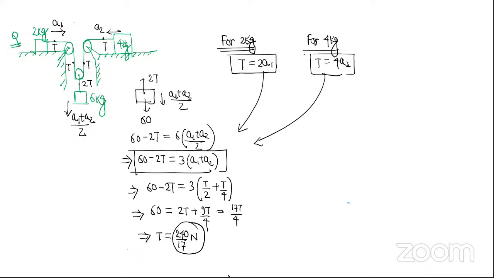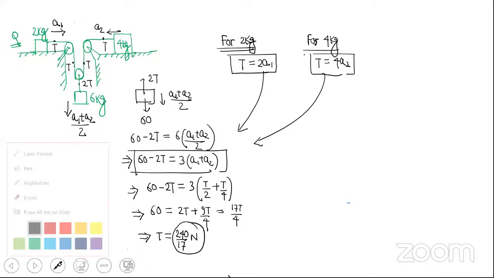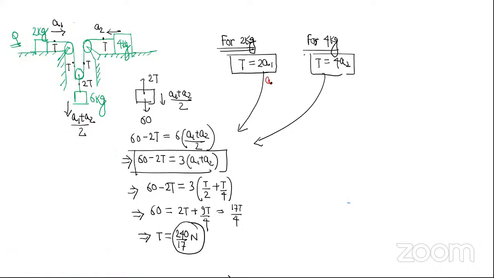Achha, so the acceleration A1 will come, how much? T by 2. So that is 240 by 2, so this will be 120 by 17 meter per second squared. A2 is T by 4.